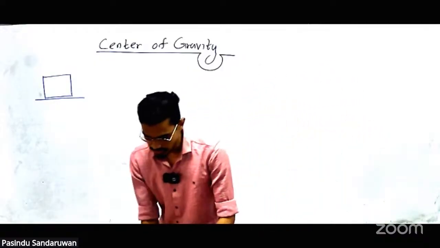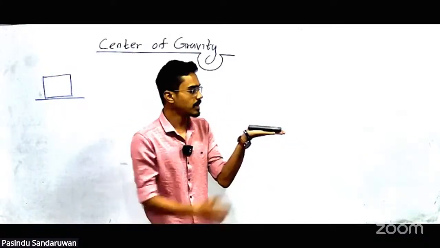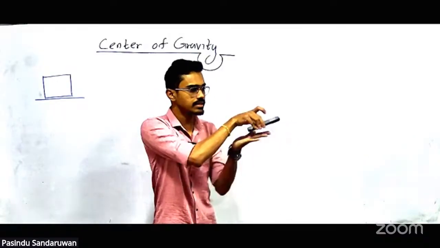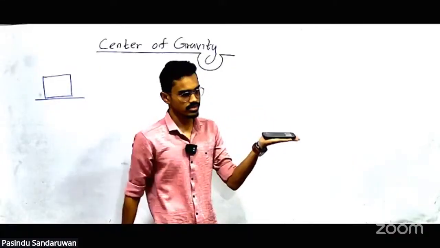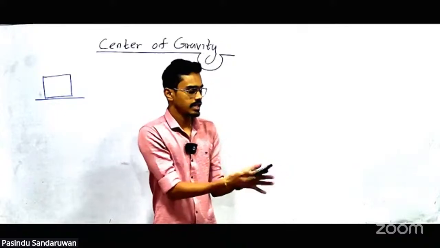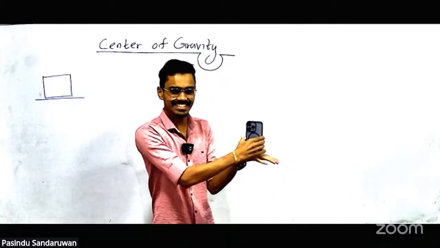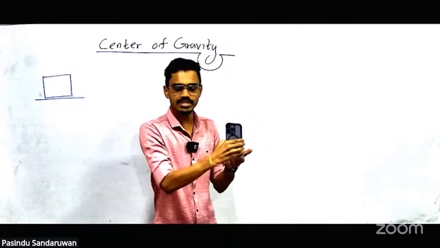Now, when this is kept on the palm, this whole area is in contact. That is called the supporter surface. If I keep this like this, this becomes the supporter surface.